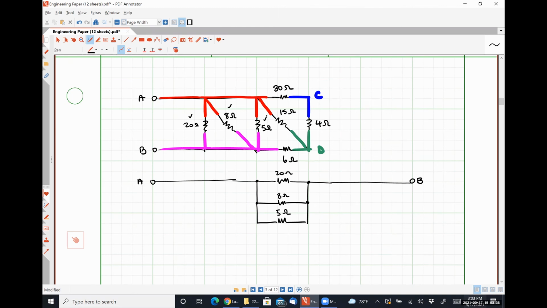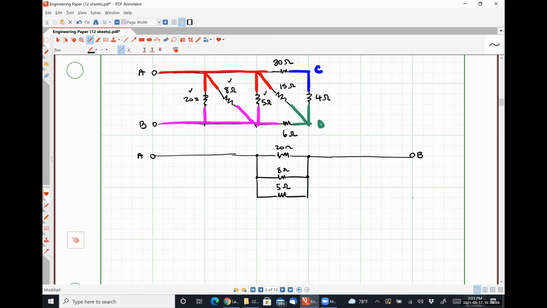So now, what are the other ways that I can go from A to B? Well, I can go from A to D to B, or I can go from A to C to D to B, right? So what I'm going to do is I'm going to put node D right here.